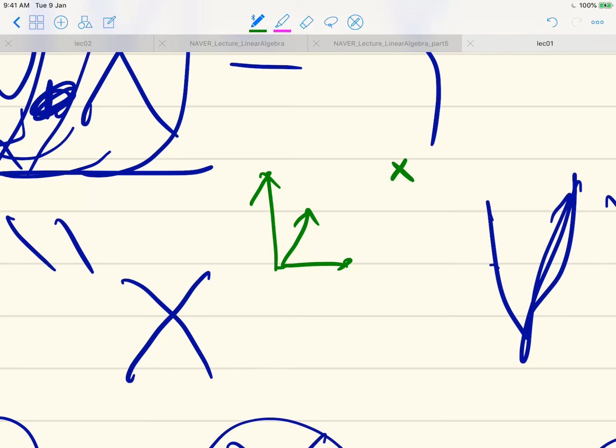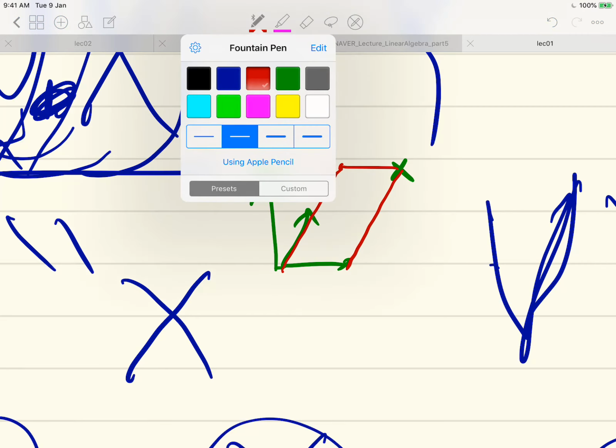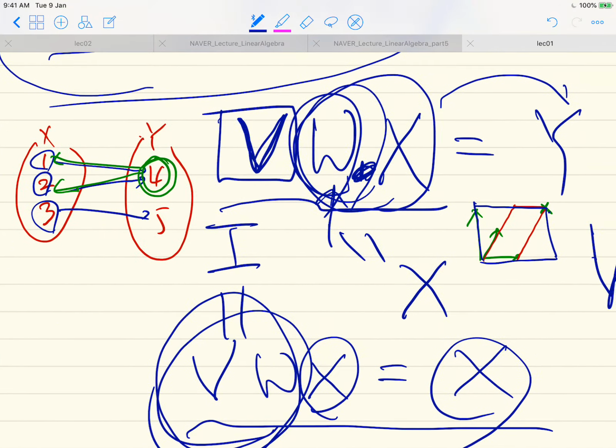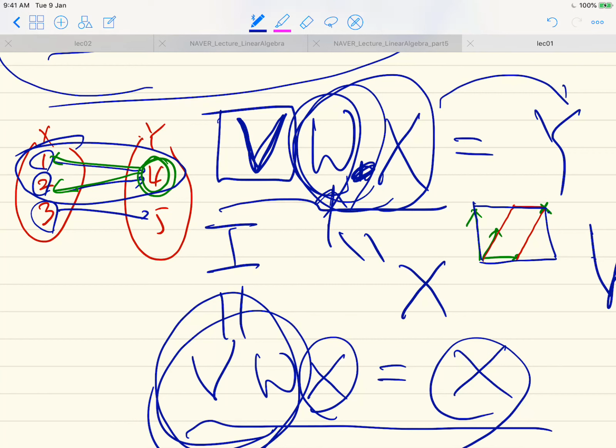This output vector can be formed by this parallelogram, but also formed by this parallelogram, right? That means we have multiple possible choices of linear combination coefficients that will produce the same output, right? And so it means exactly the same as this situation.